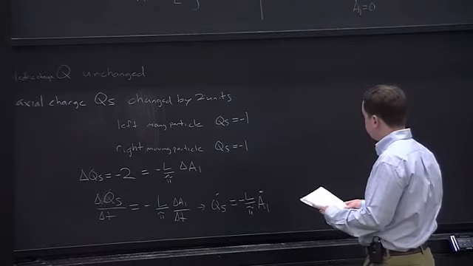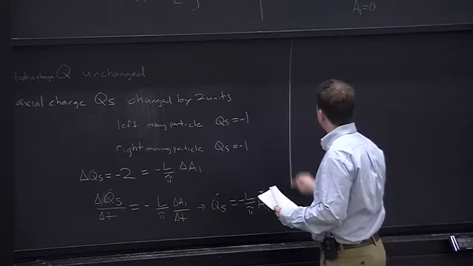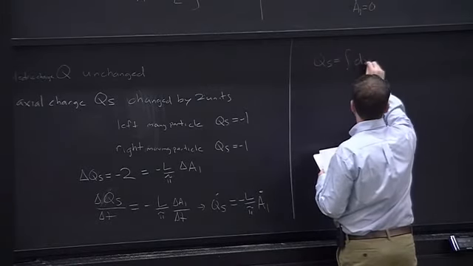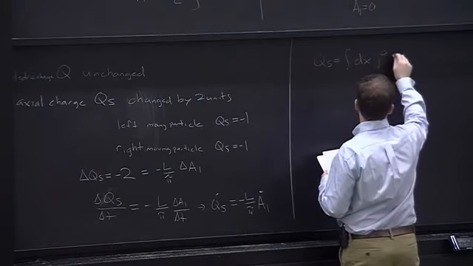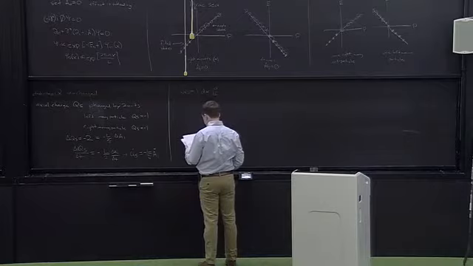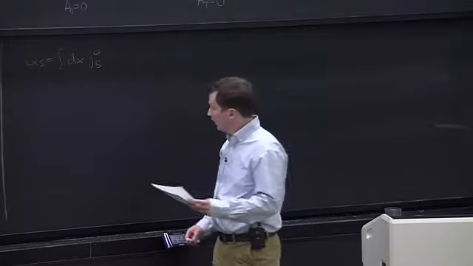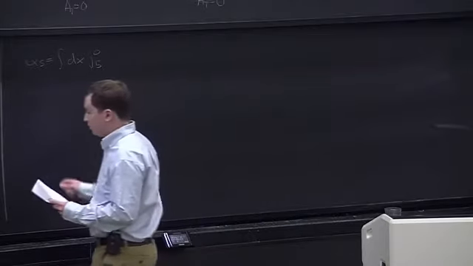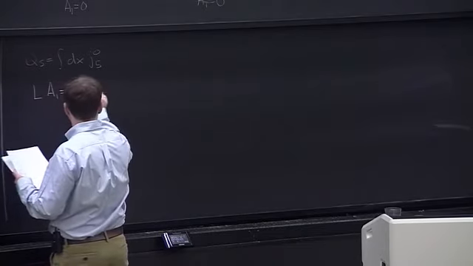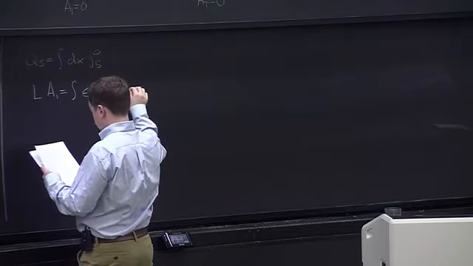And so we can write the axial charge, in the usual way, just as the integral of the 0th component of the axial current. And L times A1 is the integral of epsilon 0 mu A mu dx.